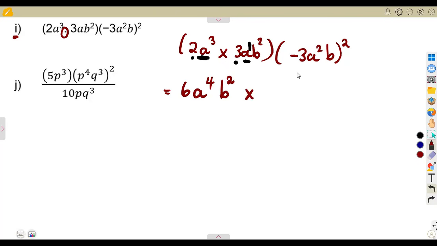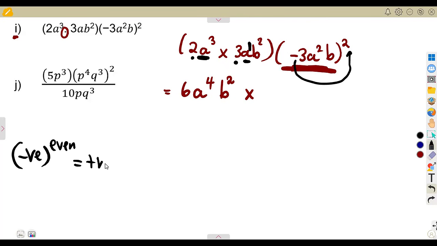Then you're going to multiply by the answer from this bracket, which is being raised to the exponent of 2. Remember, I talked about this: a negative raised to an even exponent will change to be a positive number. So this negative to the exponent 2 is an even number, so it will be positive.